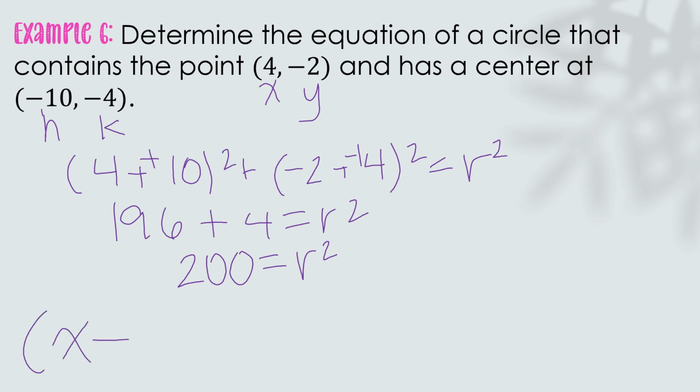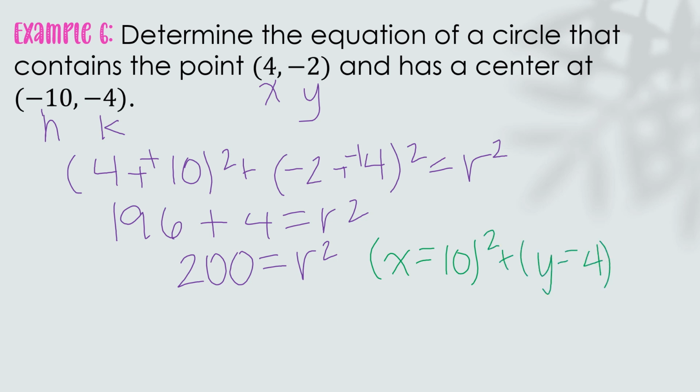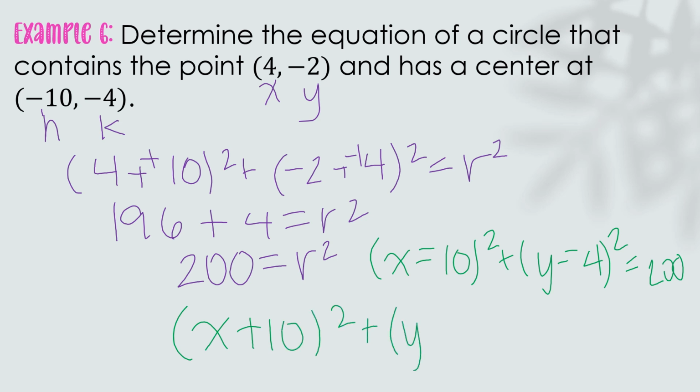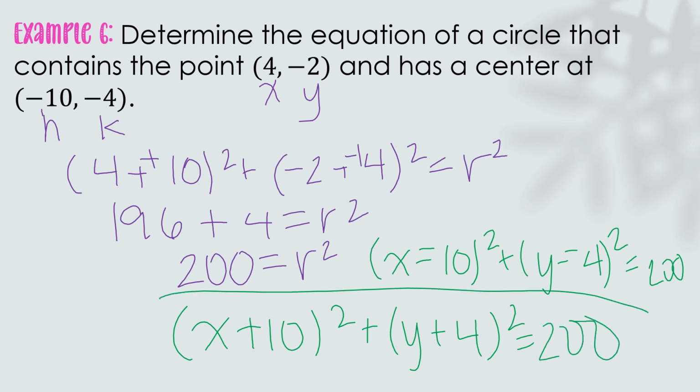So we have x minus h, which is negative 10, squared, plus y minus k, which is negative 4, squared, equals r squared, which we just figured out was 200. Let's clean this up: (x plus 10) squared plus (y plus 4) squared equals 200. And that is our equation.